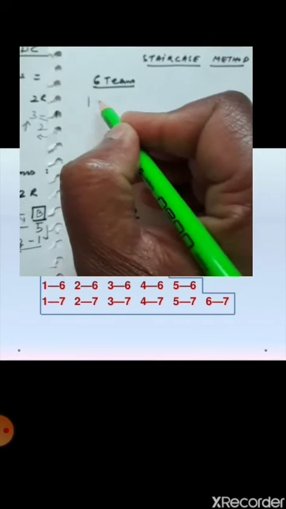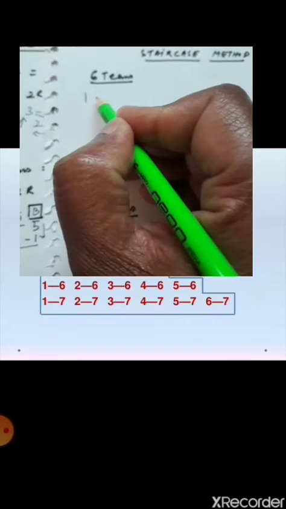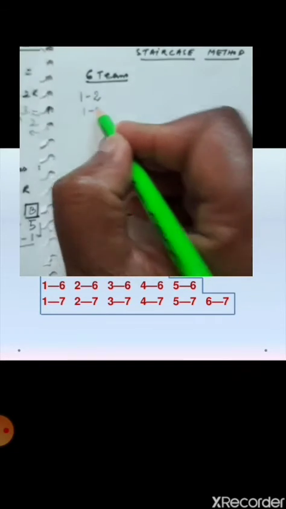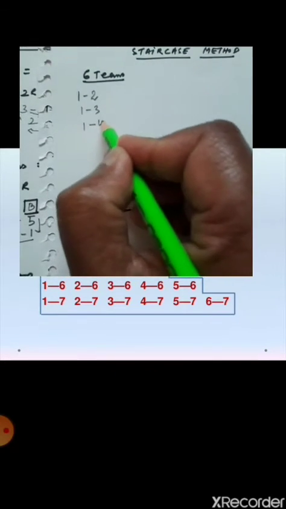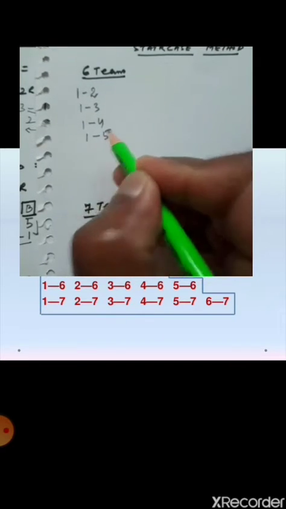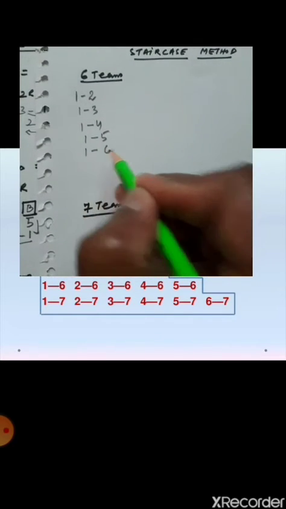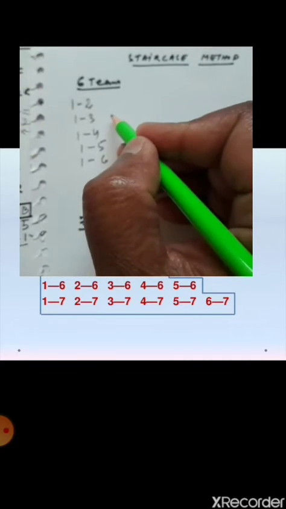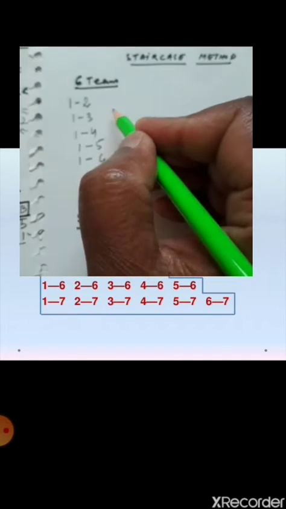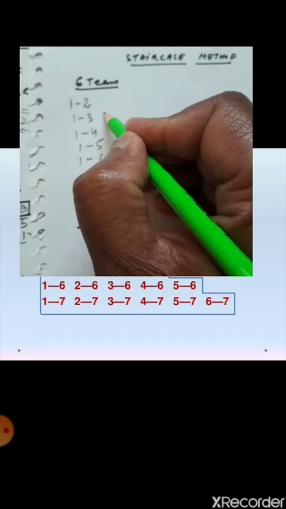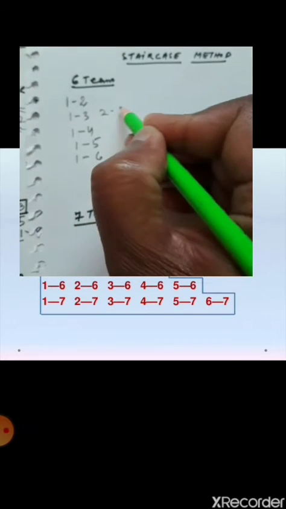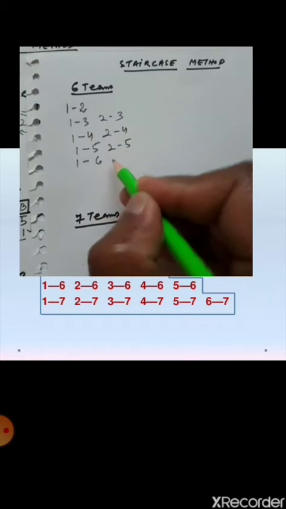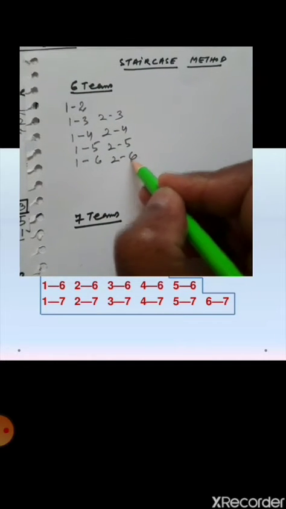Team number 1 will not play with team number 1, so team 1 will play with team number 2. 1 will play with 3, 1 will play with 4, 1 with 5, and 1 with 6. Now in the next stage, 2 will play with 3, 2 will play with 4, 2 will play with 5, 2 will play with 6.